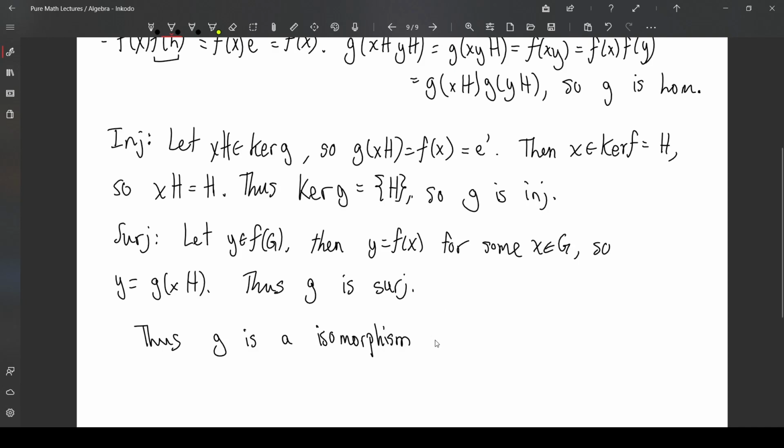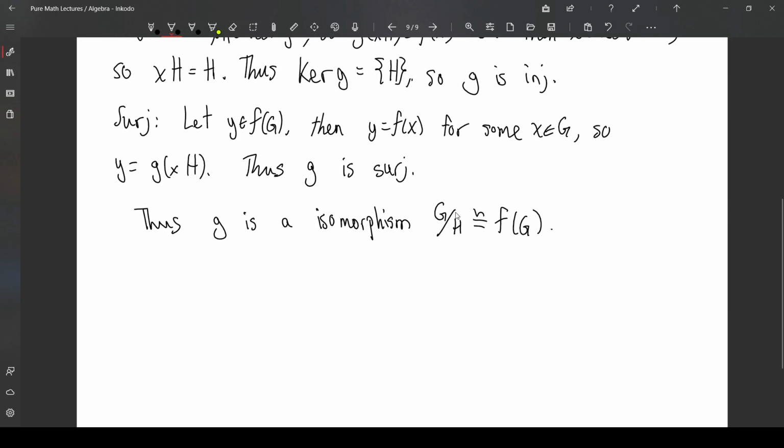And what was the isomorphism? It was G mod H isomorphic to f of G. So this is the first isomorphism theorem. It says that if you take a group and a normal subgroup, then the quotient group is isomorphic to the image of G under the canonical homomorphism, right?